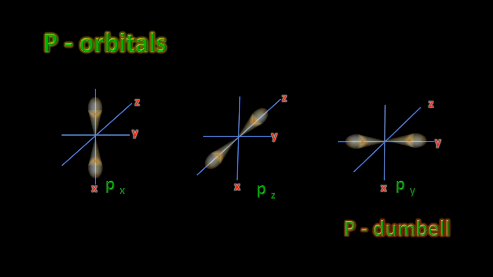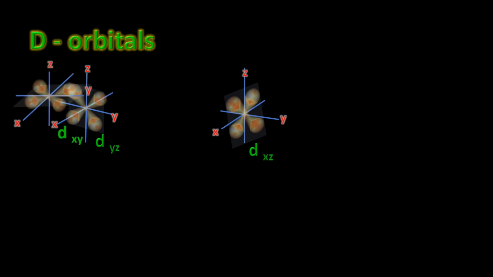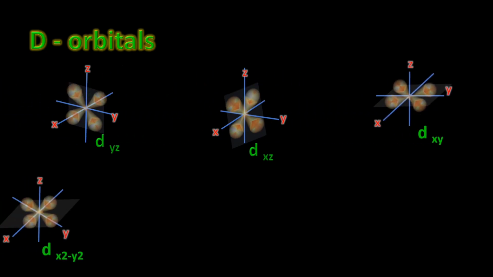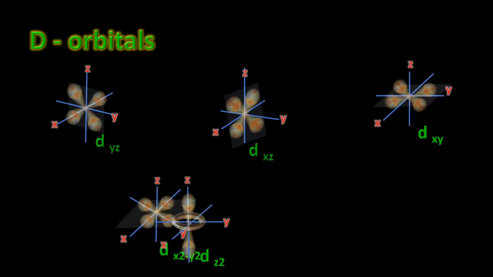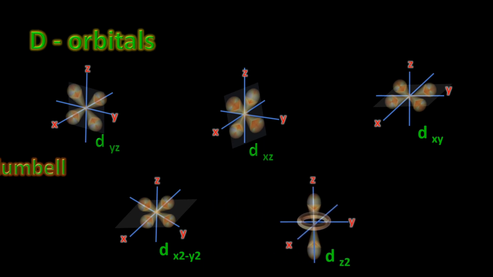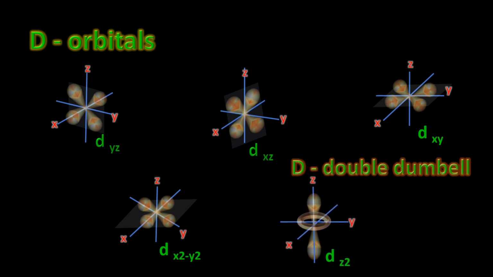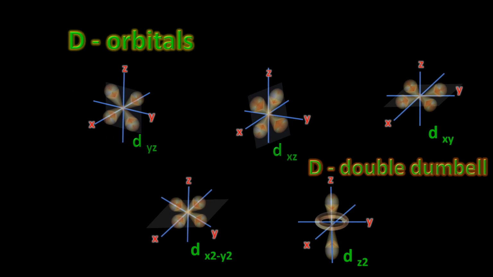Whereas the d orbital takes 5 types of orientations, and those are dxy, dyz, dzx, dx square minus y square, and dz square, and it is of double dumbbell shape. And while getting into the f orbital, it takes complex shapes ranging over 7 orientations.